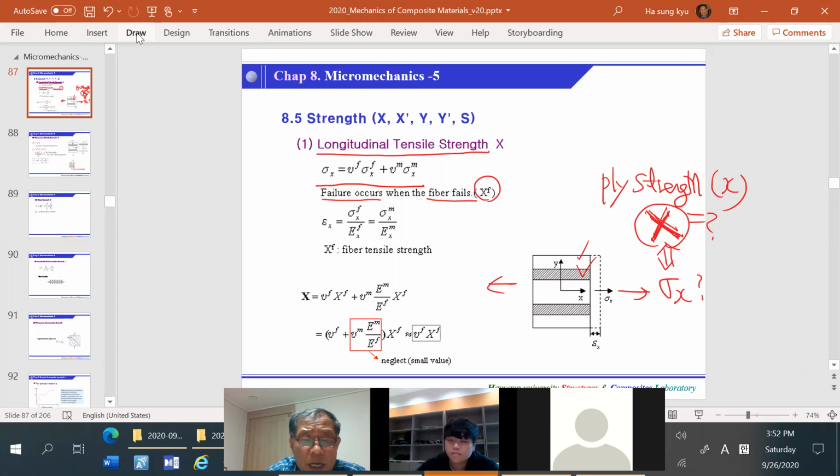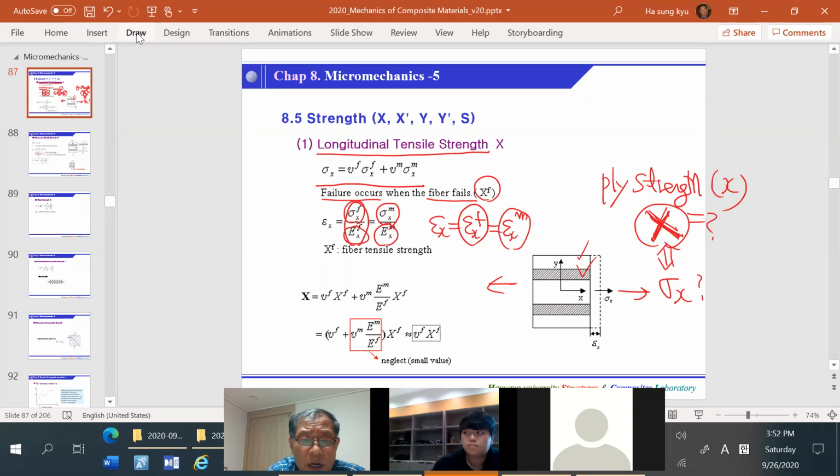Now we do know that epsilon x is the same for the fiber and the matrix. And the fiber strain is simply defined as the stress divided by the Young's modulus, and the same for the resin, the stiffness relates the stress and the strain.